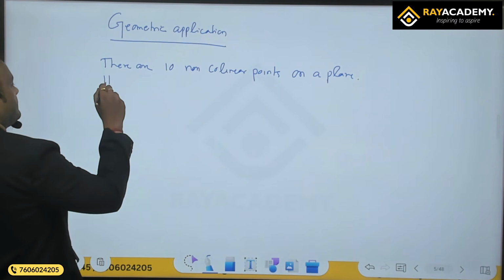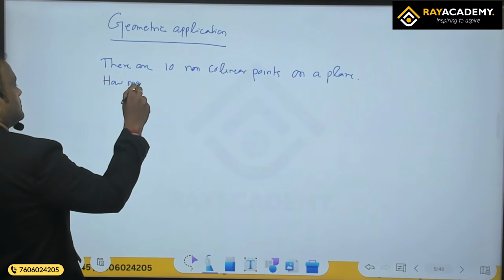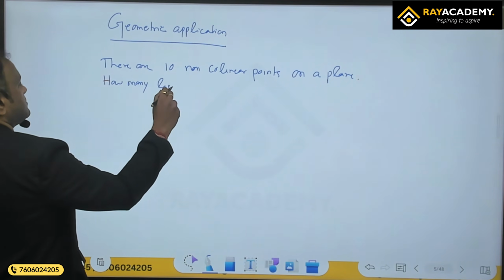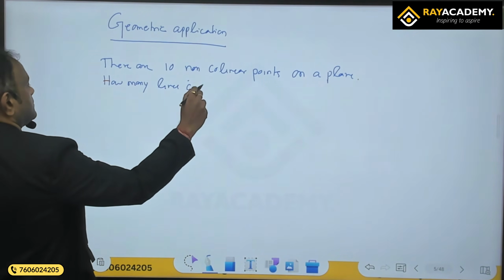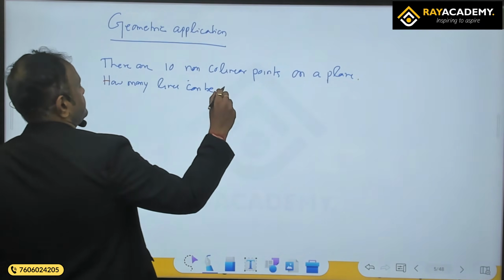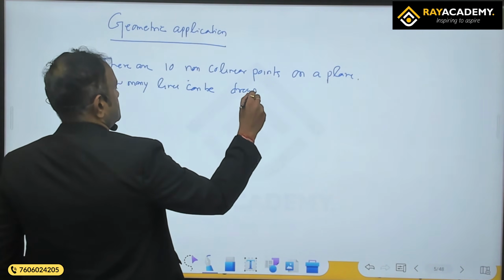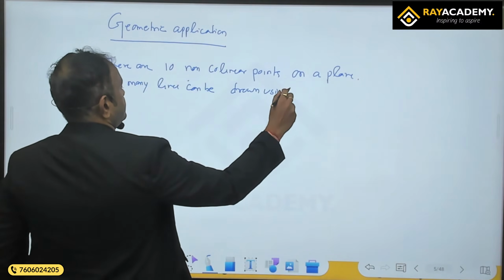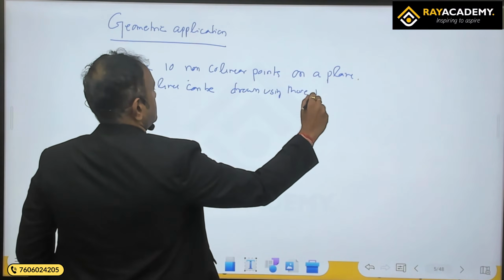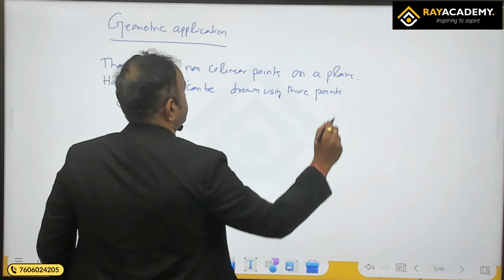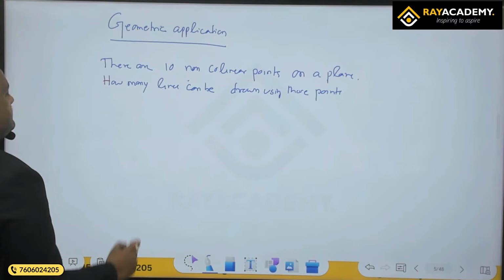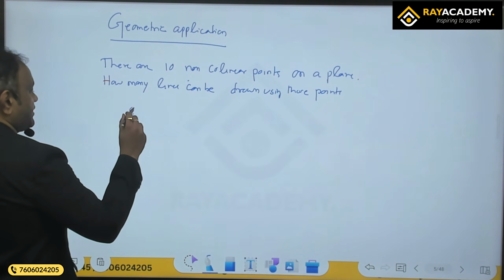How many lines can be drawn using those points? Okay. So let's say 10 non-collinear.